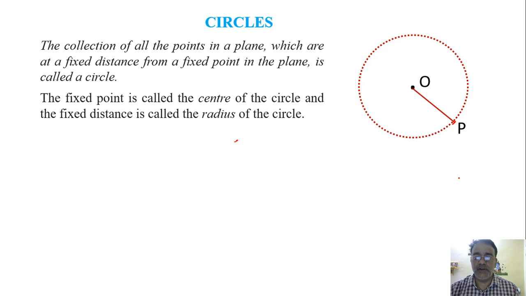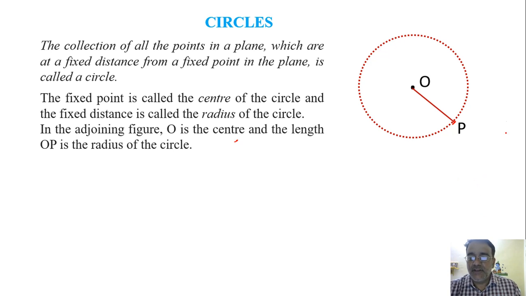The fixed point is called the center of the circle and the fixed distance is called the radius of the circle. In the adjoining figure, O is the center and OP is the radius, and it is denoted by small r or capital R according to our choice.